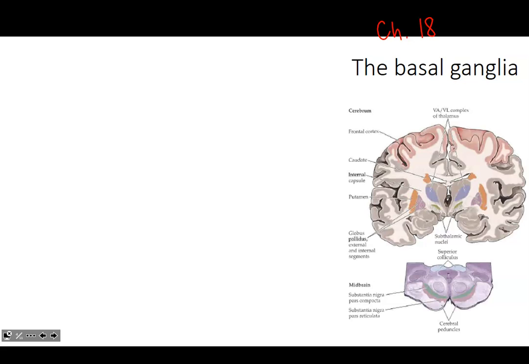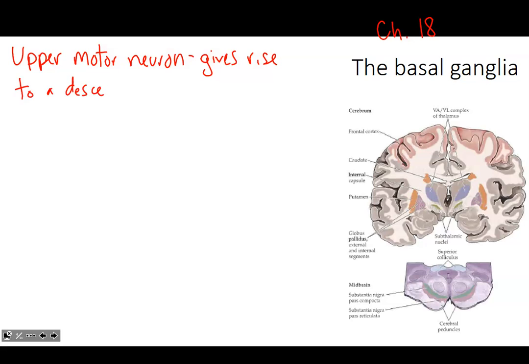The first thing I want to define for you is what an upper and a lower motor neuron is. An upper motor neuron gives rise to a descending projection that controls the activity of a lower motor neuron.